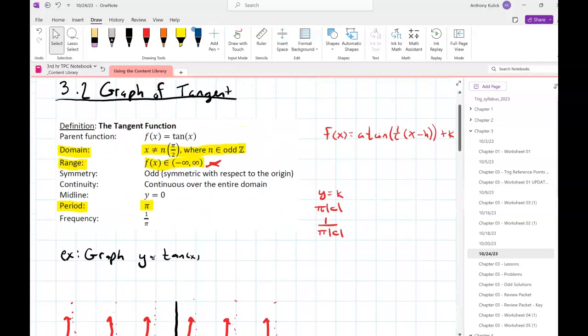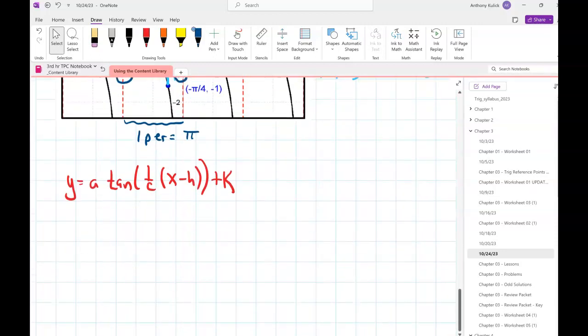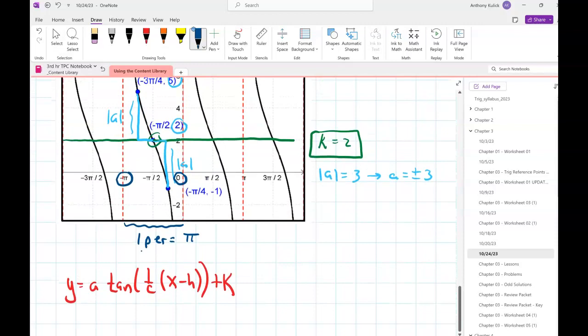Remember, if we go back to the beginning, we said that for tangent, 1 period is pi divided by the absolute value of C, as opposed to 2 pi. So if pi over the absolute value of C has to equal pi, what does C have to be? Just 1, and remember we always choose C to be positive.